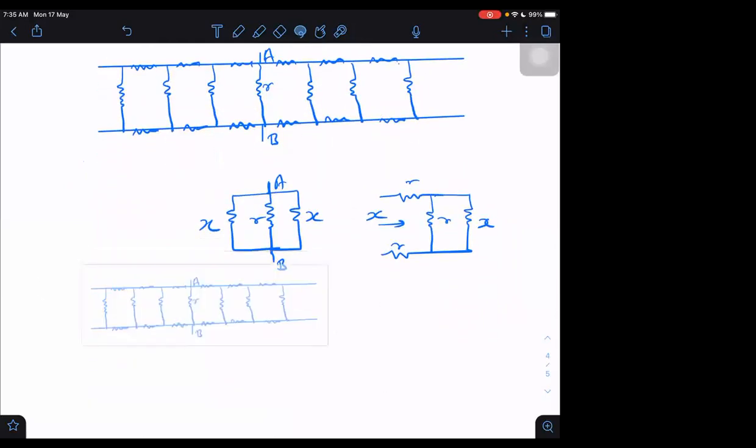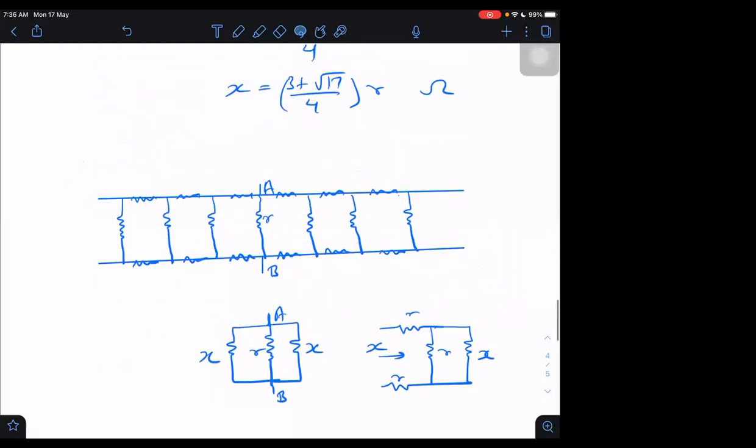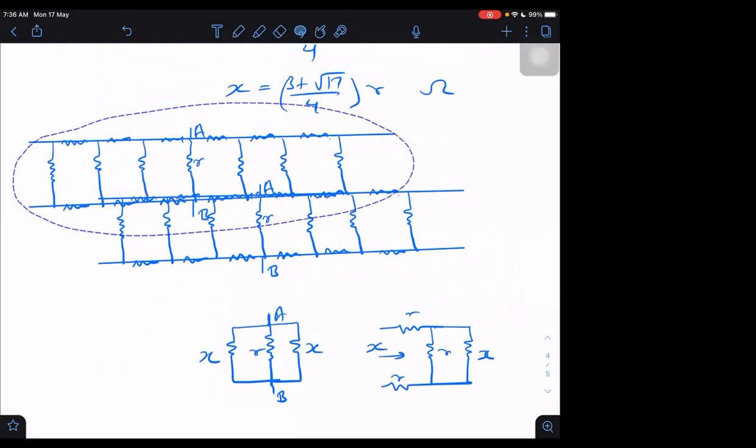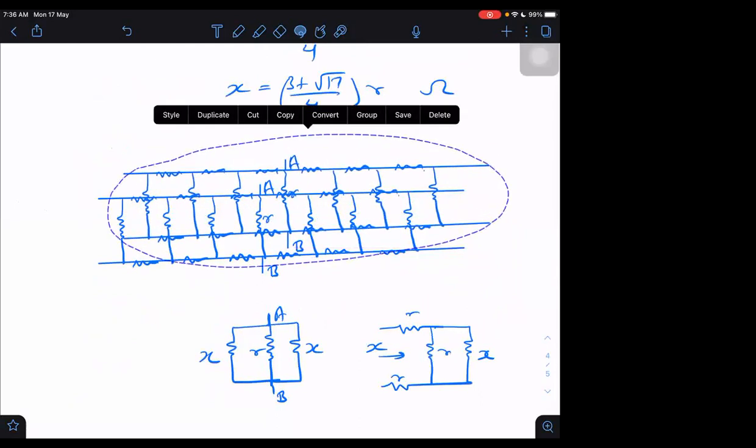Wait a second. And I can paste it here. Maybe let me change the color.